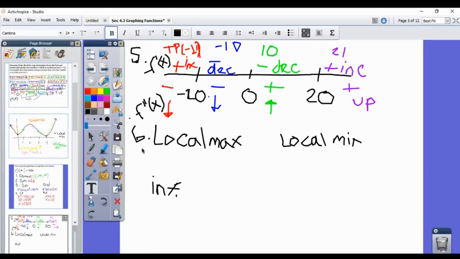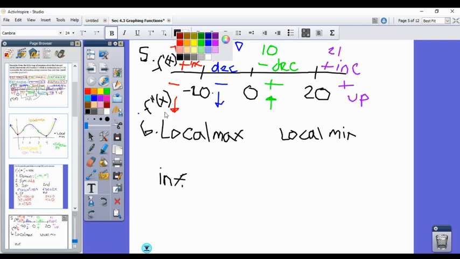Okay, so let's see. All right, negative 20 and 5333.